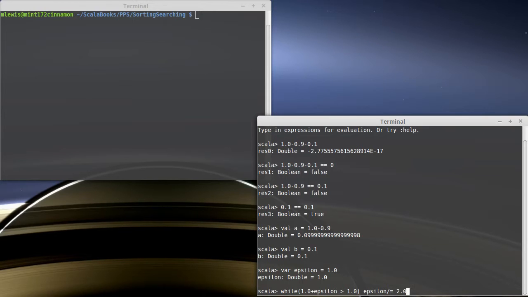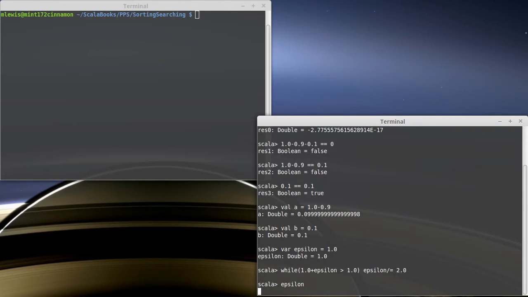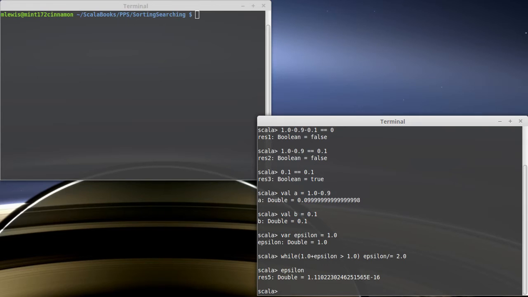Okay? So basically, I start at 1, I'll go to a half, a quarter, etc. and keep going down, and this is going to stop when I get to a value where when I add it to 1, the value is not bigger than 1, and it will actually be equal to 1. And that value happens to be 1.1 times 10 to the minus 16 for doubles. So that's about the right range for an epsilon.